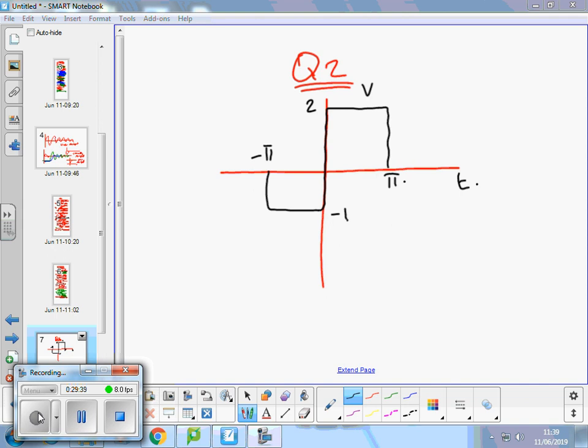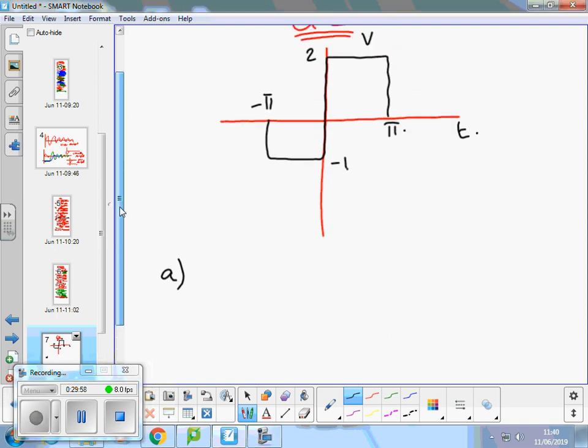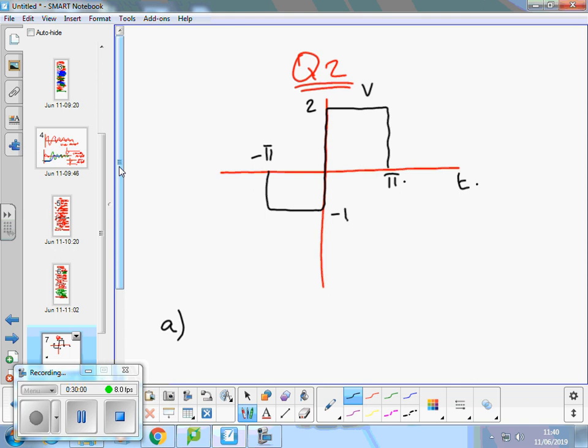For the square wave shown, write the 2 functions of t that represent it between minus pi and pi. So this is A. Because we've got a discontinuity here, we have to express this as 2 separate parts, and deal with them as 2 separate parts.